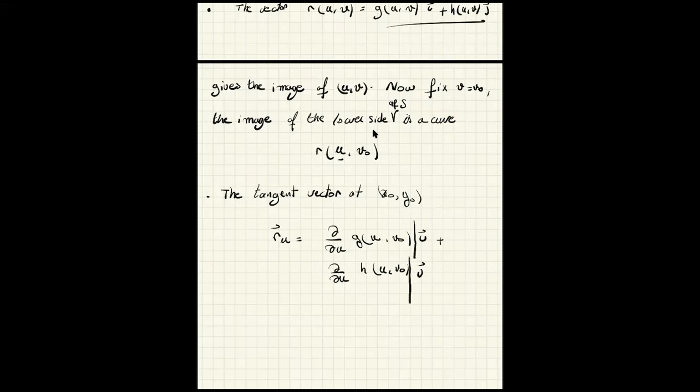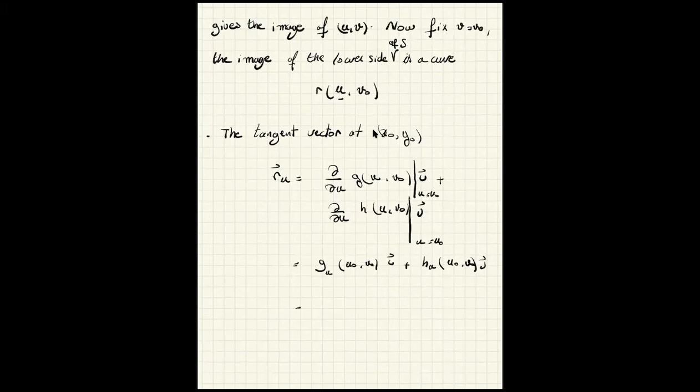It's going to be really messy to add these lines and each time say that this is evaluated at the point (u0, v0). You see it's already messy, but make sure please to understand it. So it's equal to g_u at the point (u0, v0) i plus h_u (u0, v0) j.